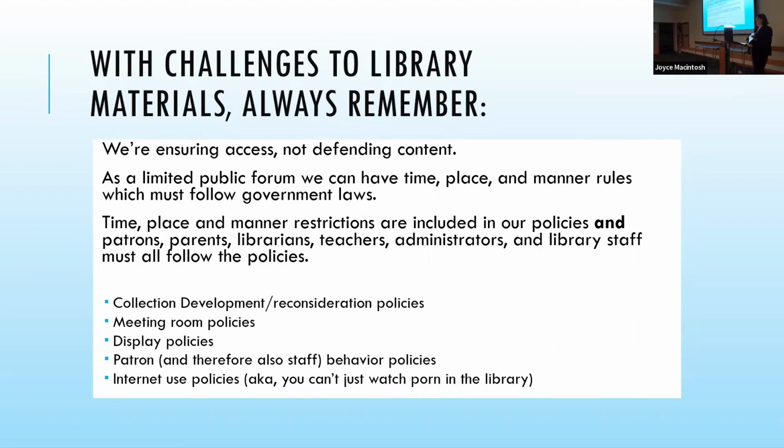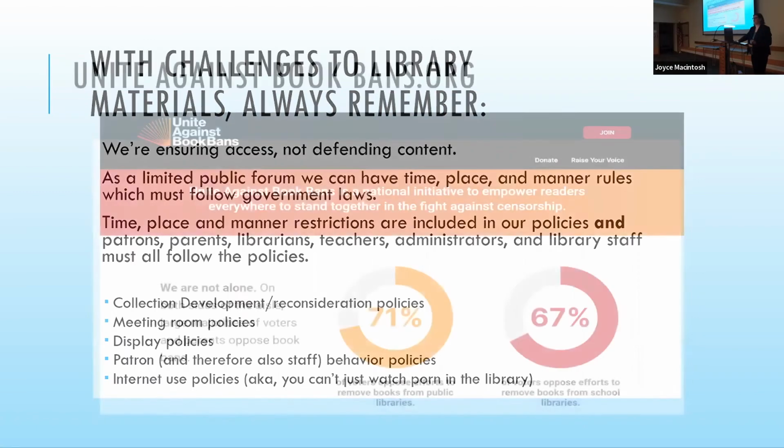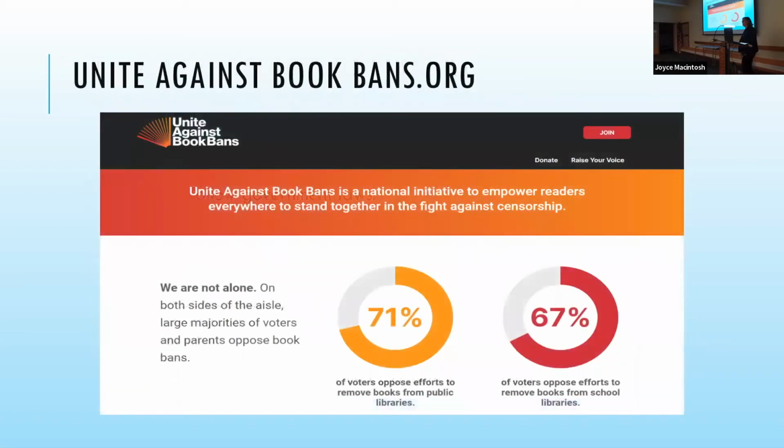Super quick before Q&A, I want to talk about several organizations that are working to help in this time of challenge. Unite Against Book Bans was started by the American Library Association. It is a group though, and growing regularly. We're over 60 partners now working together in order to fight challenges.